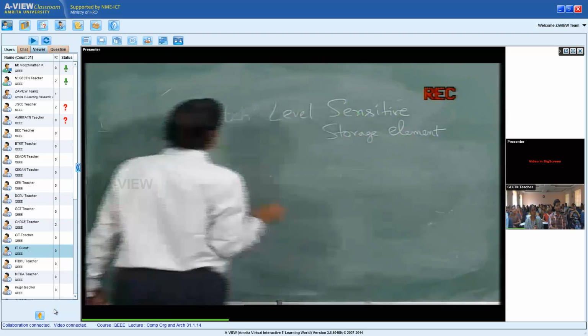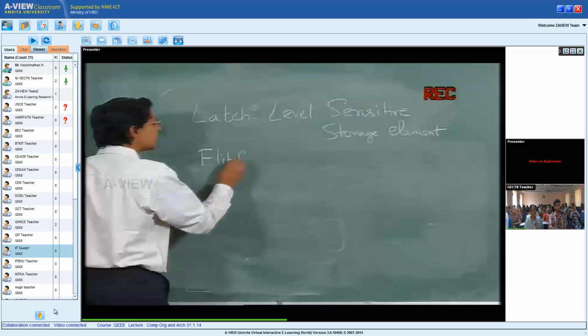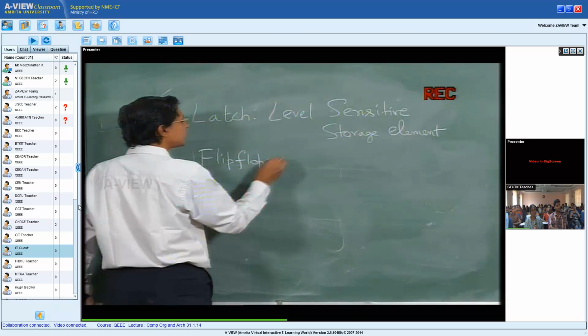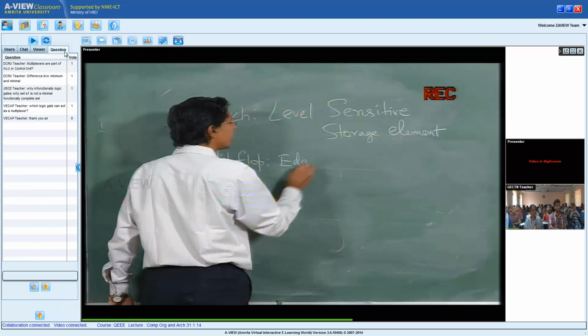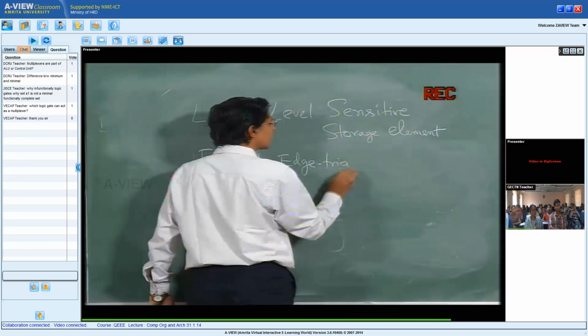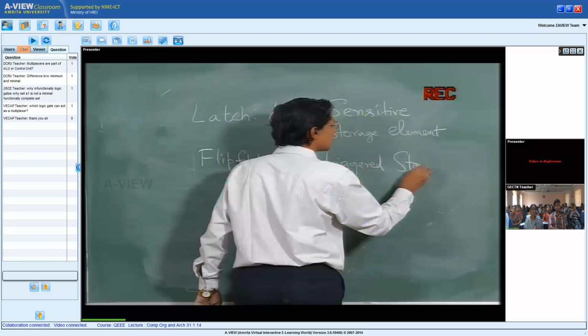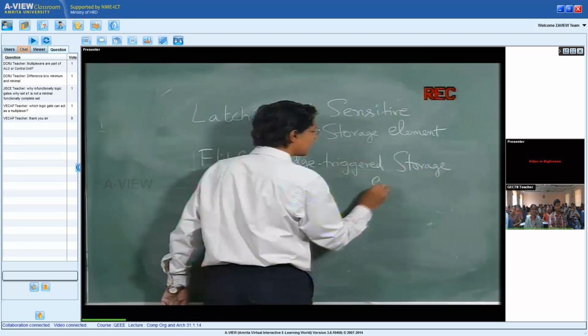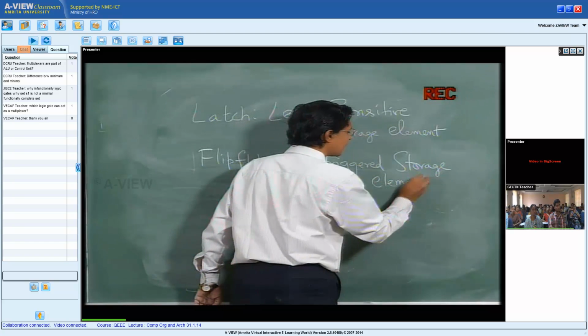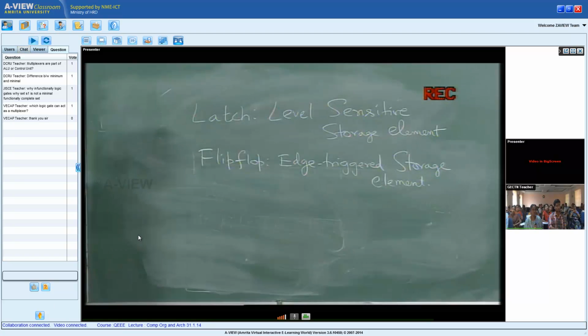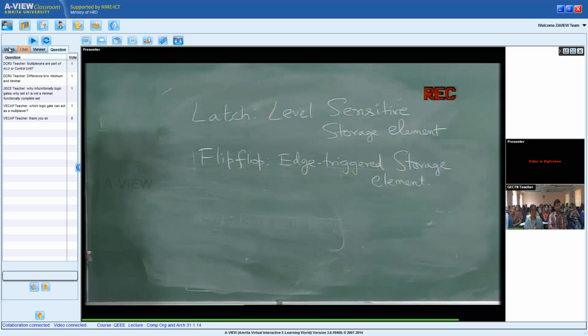A flip-flop is an edge triggered storage element.